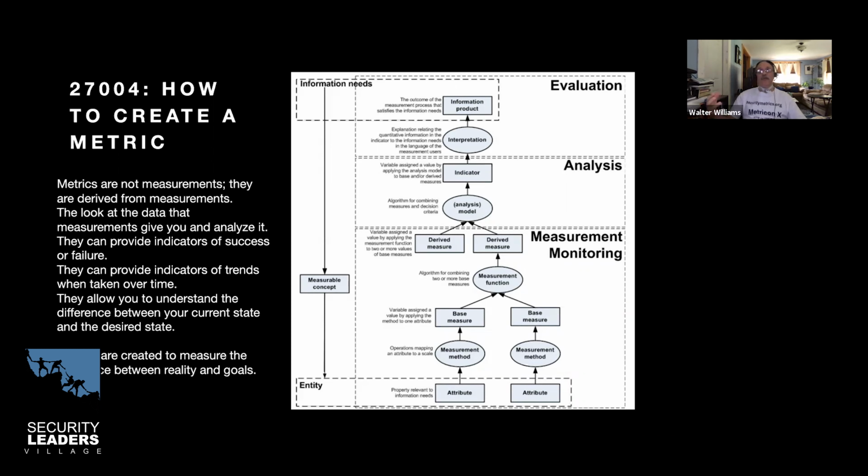And then when you have those from each of your controls, you bring them together to do some analysis to give you an indicator. Are things working? Are things not working? Are you having an impact or not? And that indicator can then be interpreted against your goals to see how well you're doing. And then you can report on it.